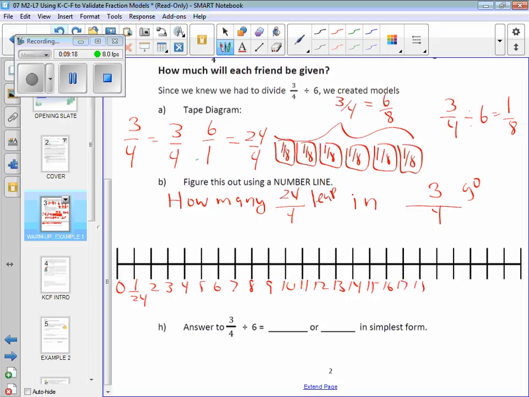Follow along with me and do this on your own too. My go-to is 3/4, right? Where do I have to leap to? It's only one leap, and guess what? It's a partial leap, isn't it? Where does that partial leap need to go to?